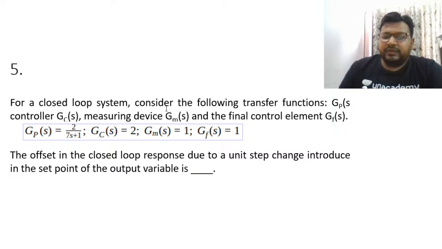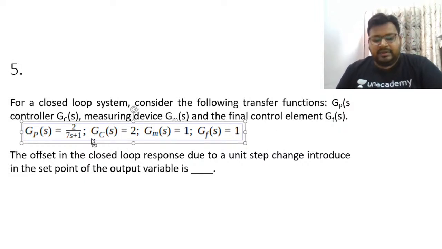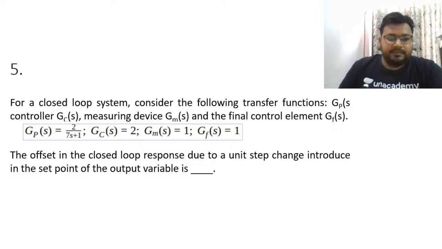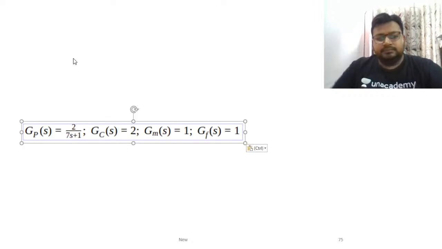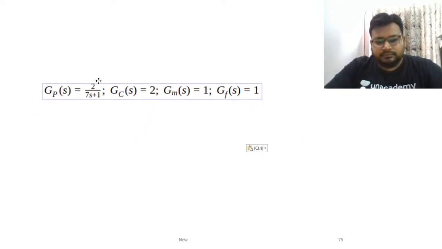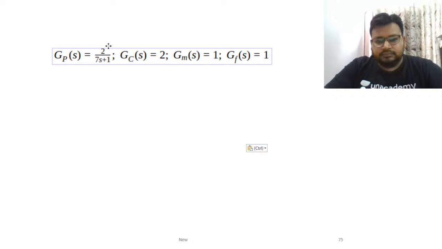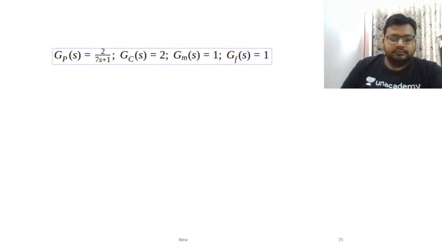So for a closed loop system, consider the following transfer functions: process transfer function, controller transfer function, measuring device transfer function, final control element transfer function. So let me take this. So we have this system.